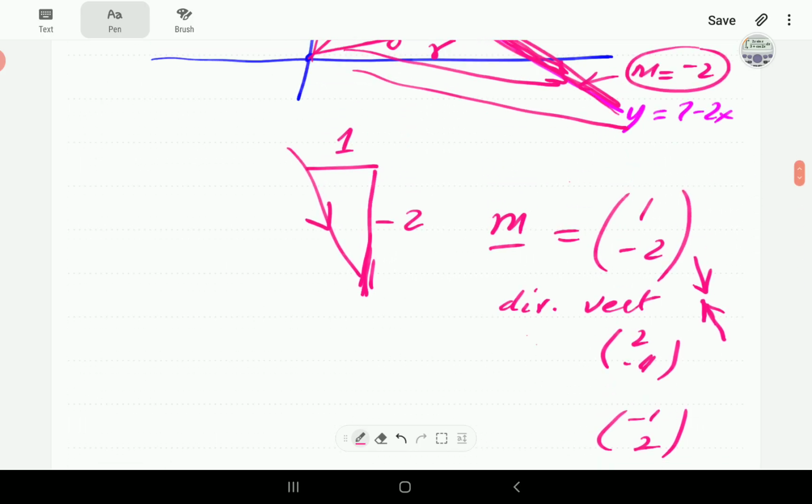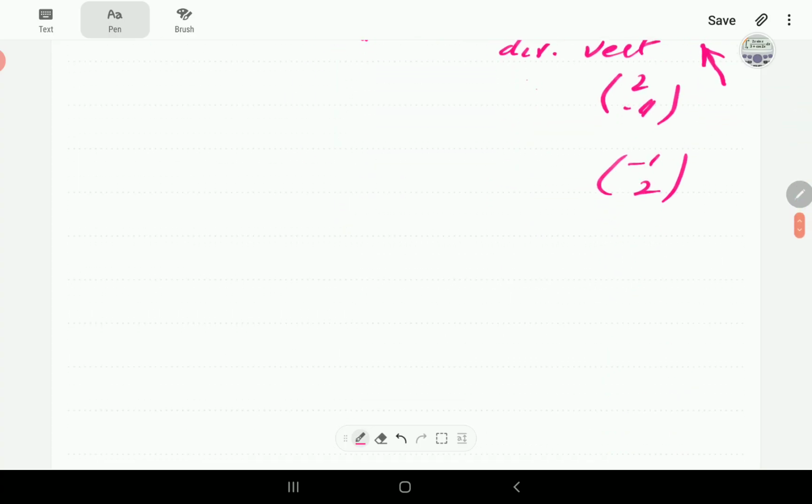So the position vector of the straight line is going to be (x, y), which we denote r, the general position vector of the point (x, y).